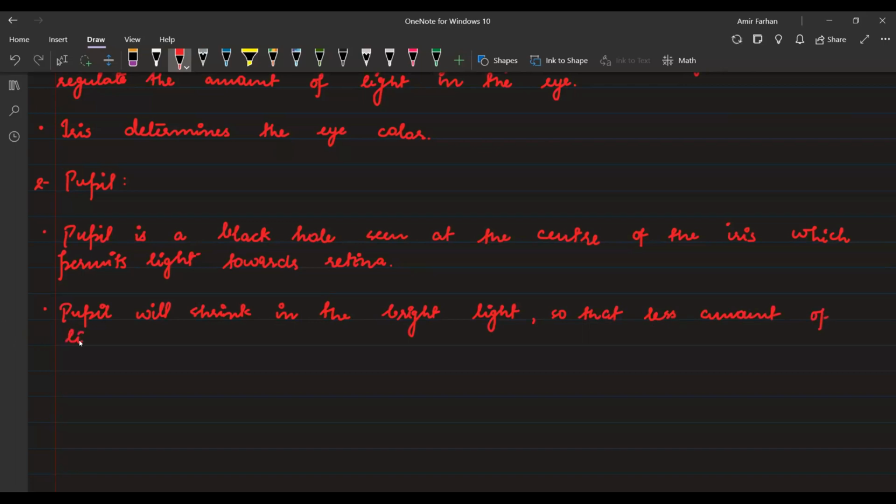Amount of light, eyes. Okay, and it will expand.